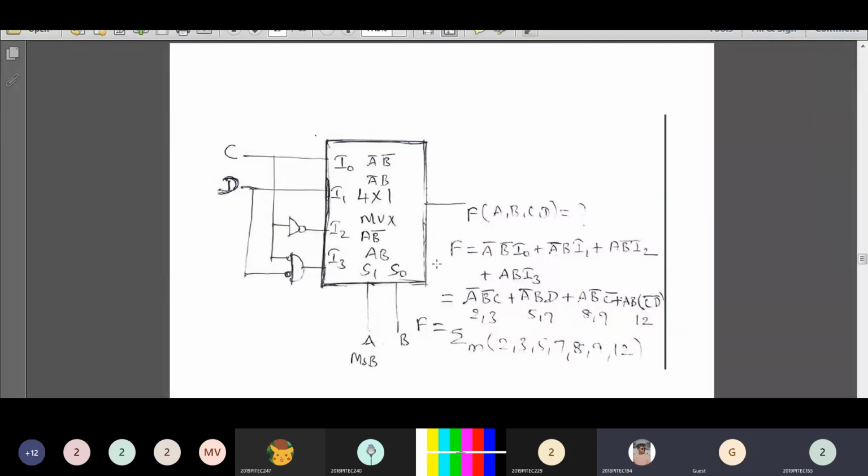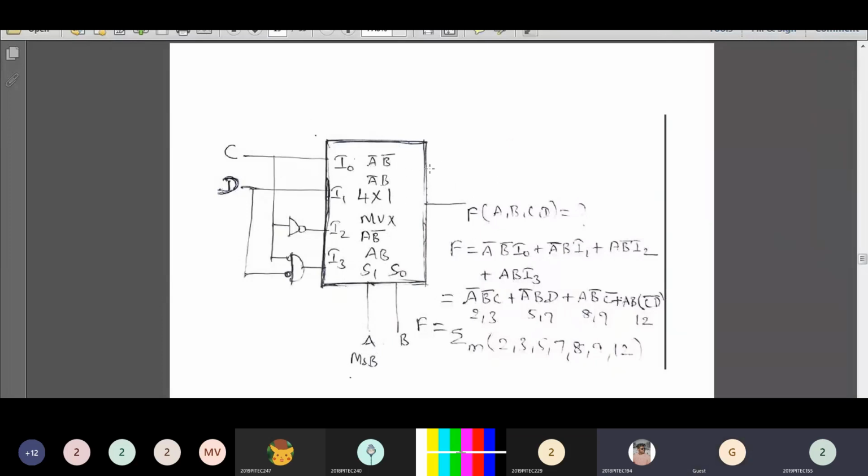When your selection inputs are 1, 0, I2 will be connected, and when your selection input is 1, 1, I3 will be selected. First you have to write the possible min terms for S1 and S0. Here the two selection lines are named A and B, so you can write the min terms as A dash B dash, A dash B, A B dash, and AB.